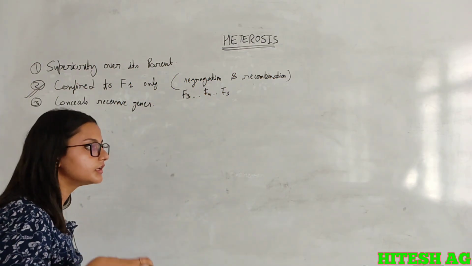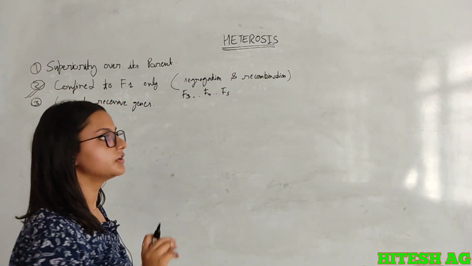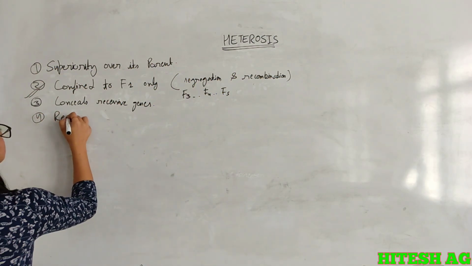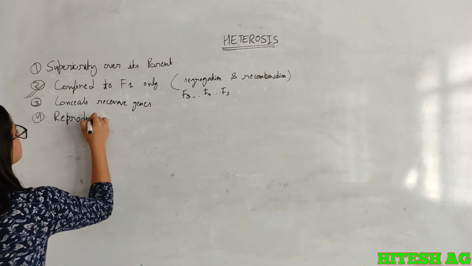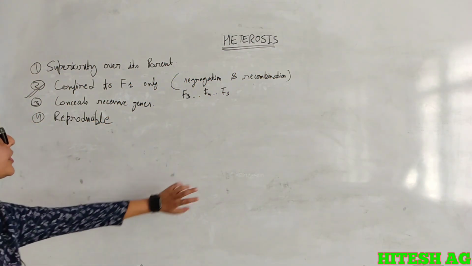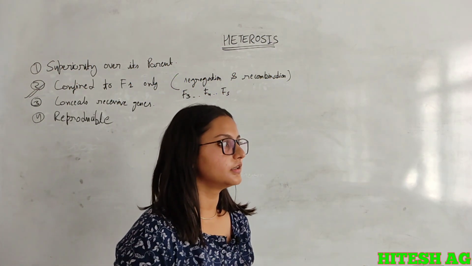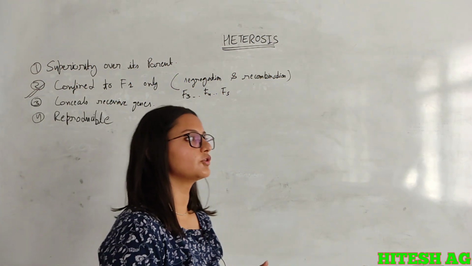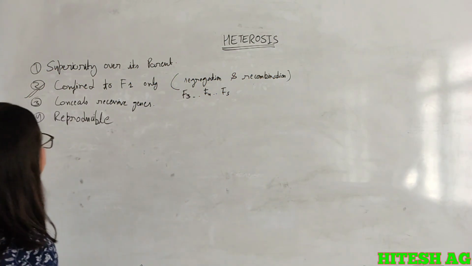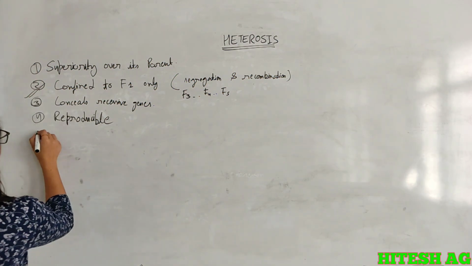Basically the dominant alleles mask the effect of deleterious recessive genes, which results in heterosis. Fourth one is heterosis is reproducible. So we can reproduce the phenomenon of heterosis easily in the same environmental condition if we know about the genetic combination that we used before.